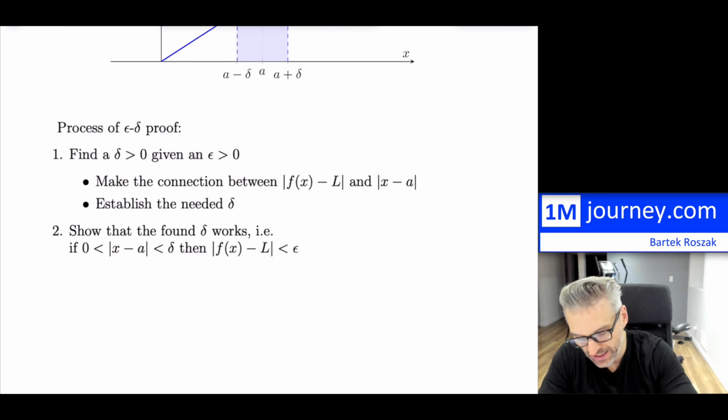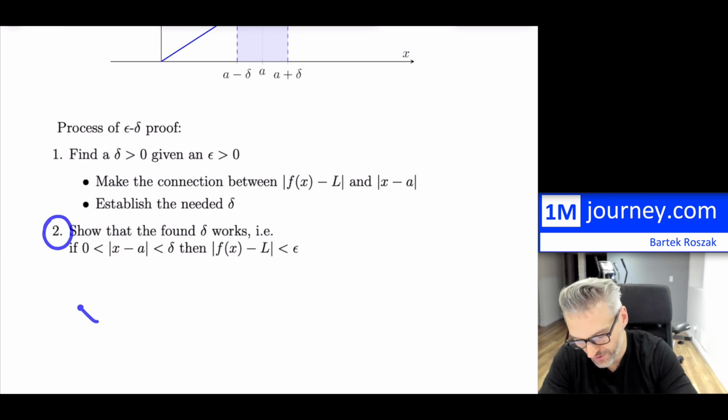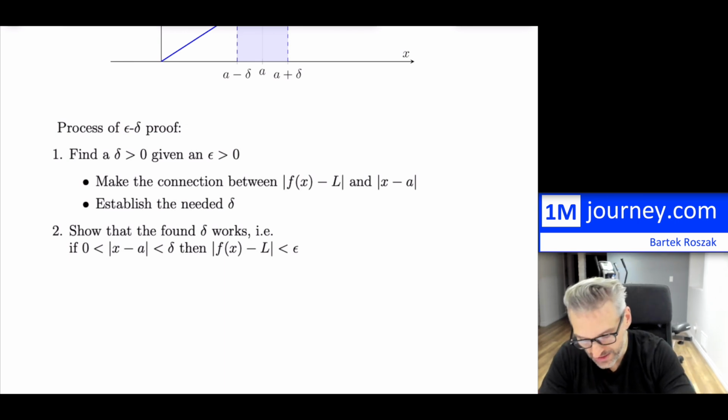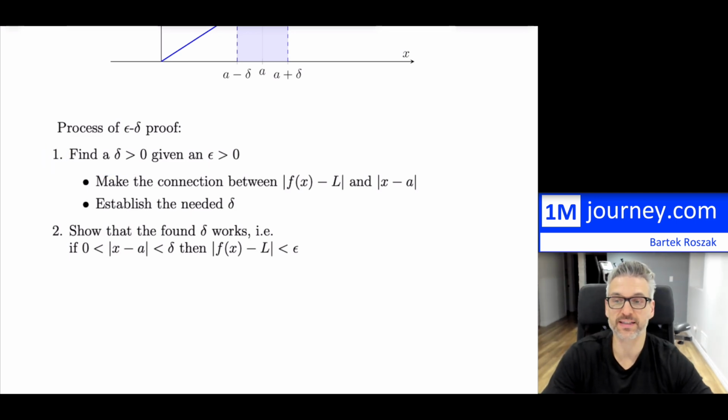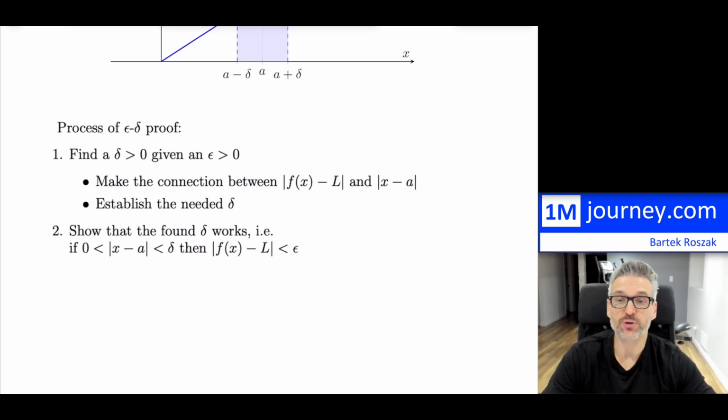For any epsilon-delta proof, you're going to be doing two things. Interestingly enough, step number 2 is very often forgotten, and then students are docked marks by their profs or by their TAs. In step number 1, which is what everyone is looking for, they want to find a delta for a given epsilon. And how do you do that?